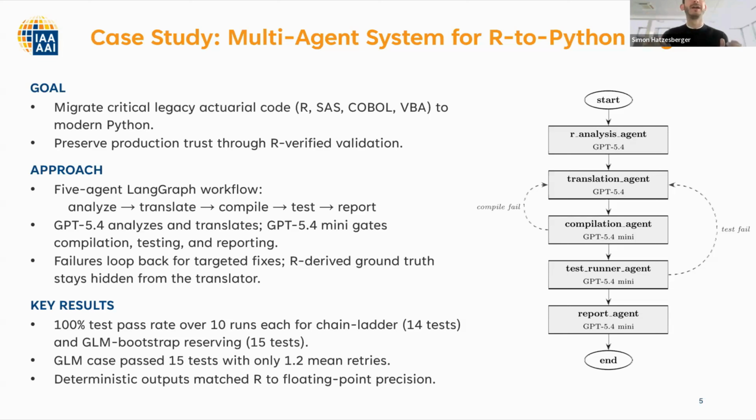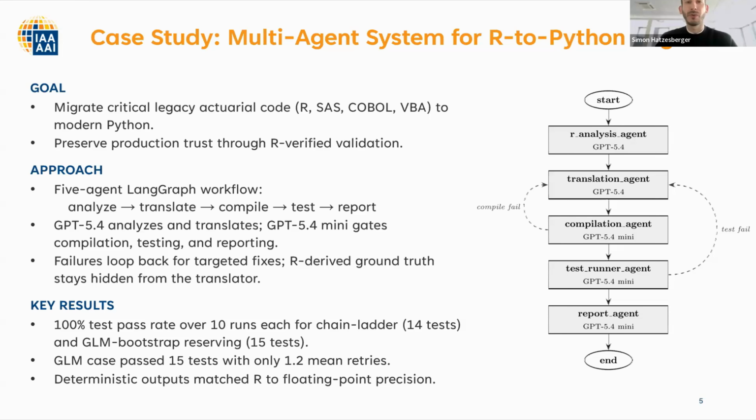Please not only revise the translation, but also incorporate and use the information that you find in this particular error description. So having the previous translation and the error description may help the large language model to produce a better translation so that in the final end, the test runner is satisfied and all tests pass.